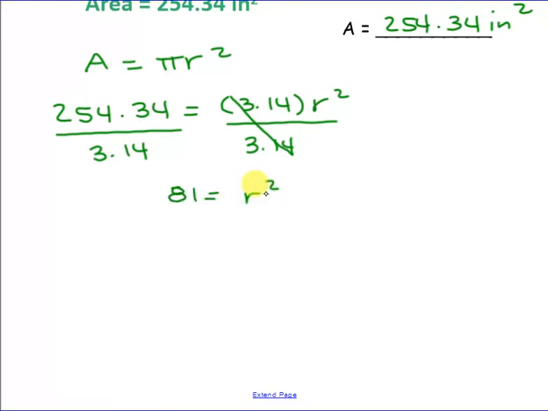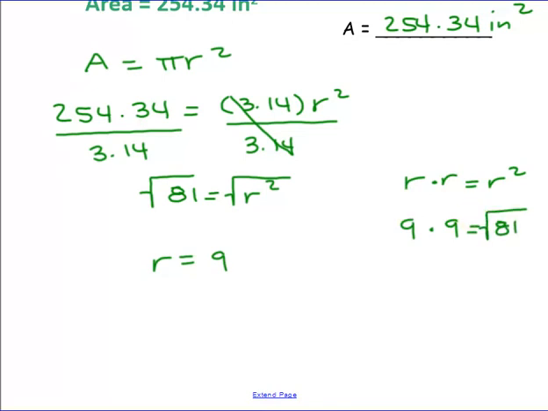Now, the way that you unsquare r is you have to take the square root, but whatever you do to one side, you have to do to the other. So that is going to leave you with r. And by the way, the reason why is because r times r is r squared, the same as the square root of 81 is 9, so 9 times 9 is 81.